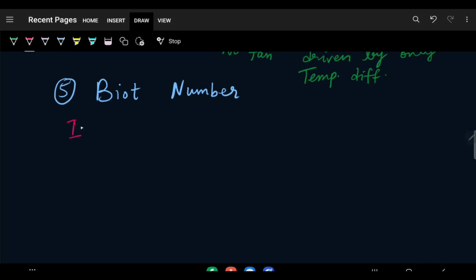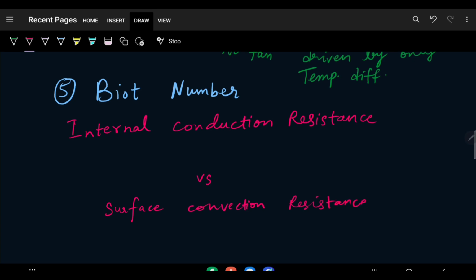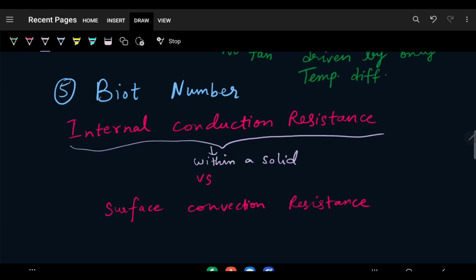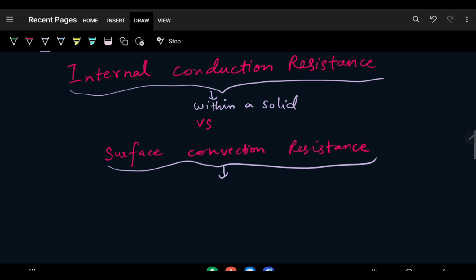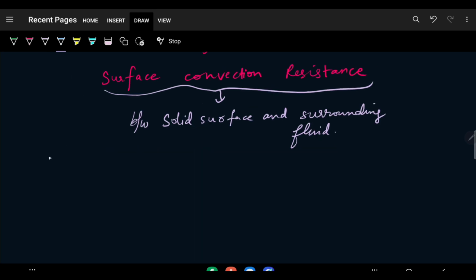Now, coming on to the next number, it is Biot number. It is the comparison of internal conduction resistance and surface convection resistance. Internal conduction resistance is nothing but resistance to heat flow within a solid, and surface convection resistance is a resistance to heat transfer between the solid surface and the surrounding fluid.